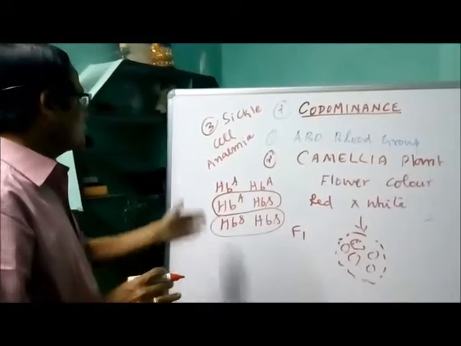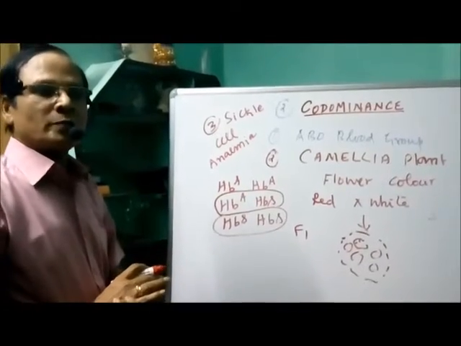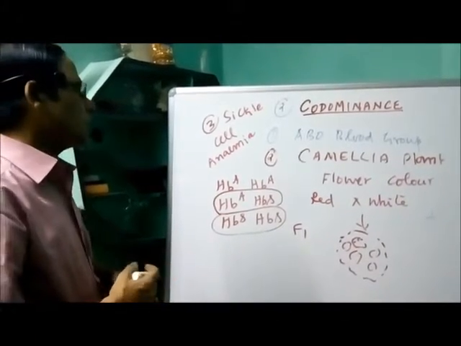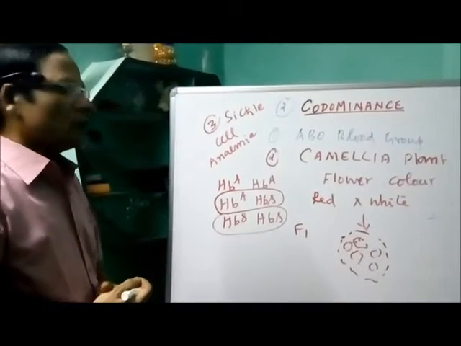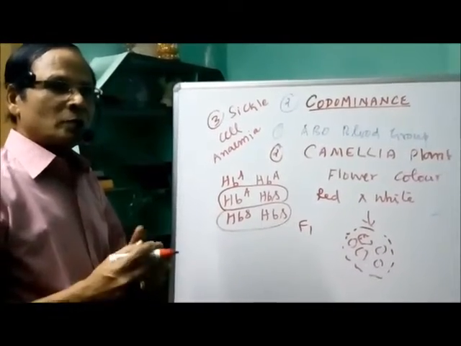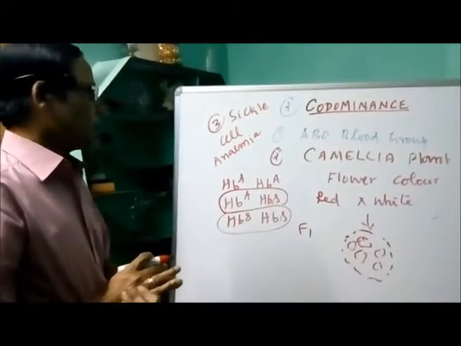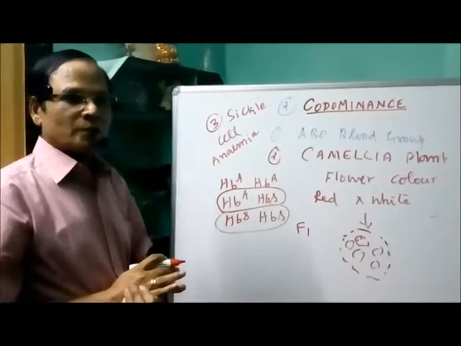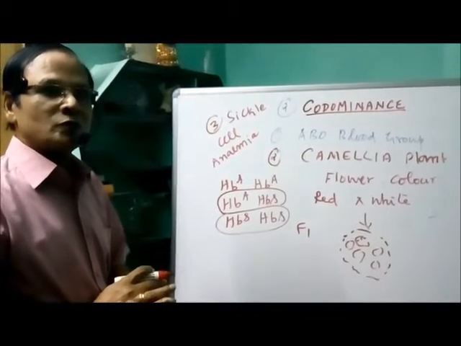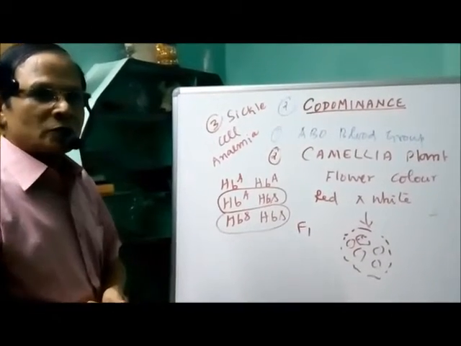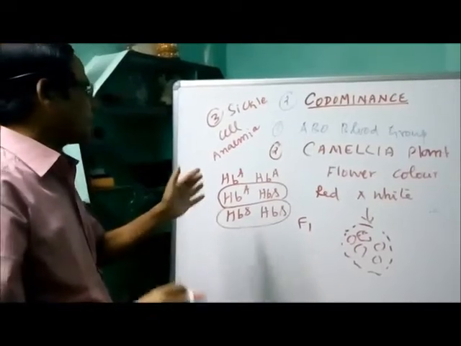We can also use sickle cell anemia for overdominance. Normally overdominance is observed in the case of immune system genes. When you get a heterozygous individual, it is superior to the homozygous individuals, providing protection to carriers.